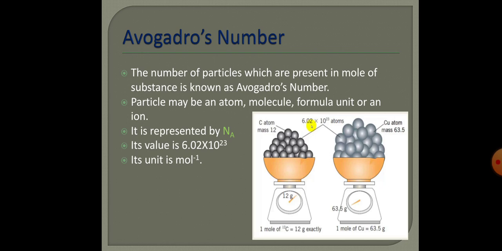But they both have an equal number of particles because both are 1 mole and they contain an equal number of particles, which is equal to Avogadro's number, that is 6.02 × 10^23. In this way, Avogadro made it possible to calculate the number of particles which are present in 1 mole of any substance.